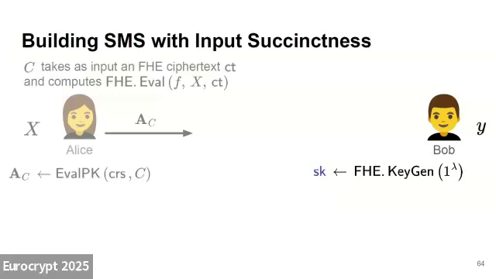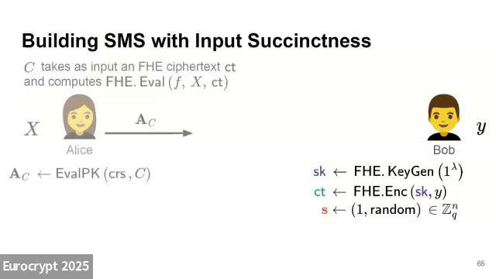Bob, on the other hand, will generate an FHE secret key SK, and compute the encryption of his input Y using the secret key SK. He will generate a second key, the white key in the high-level intuition slide, which will just be a standard key with 1 in the first coordinate, and he will encrypt under the second key the FHE ciphertext, coordinate by coordinate.